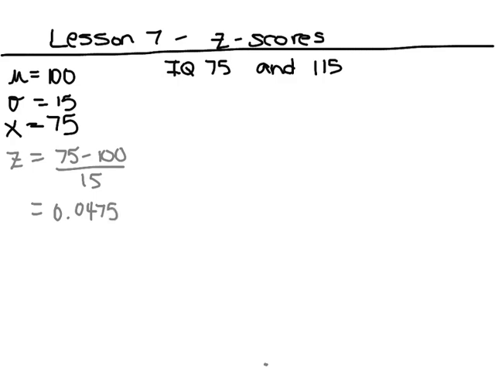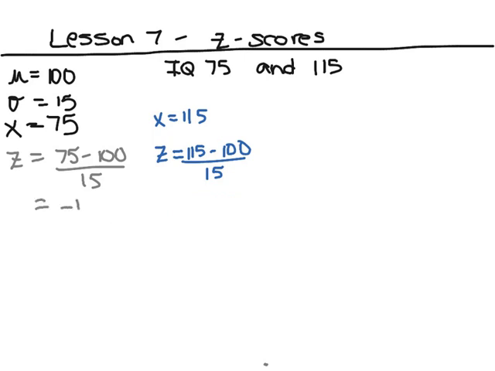For x to be 115, we take 115, subtract 100, divided by 15. Okay, so sorry, I missed a value. So let's just redo these last lines. So when you divide this, you get negative 1.67.